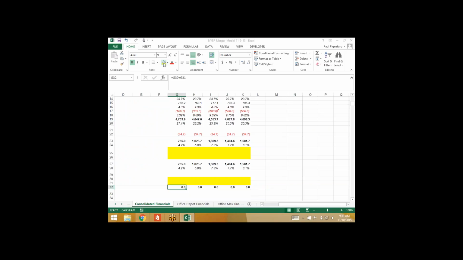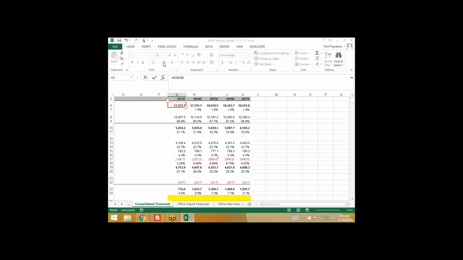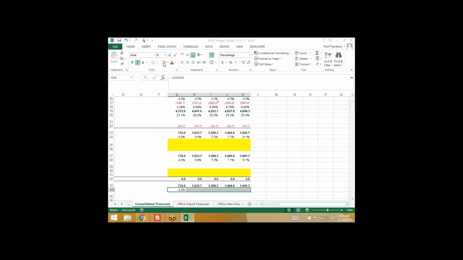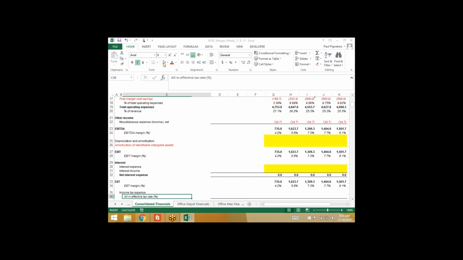And I'm still going to calculate EBT as EBIT minus interest. So the numbers will look the same, but they will change as we populate this further. Save this.